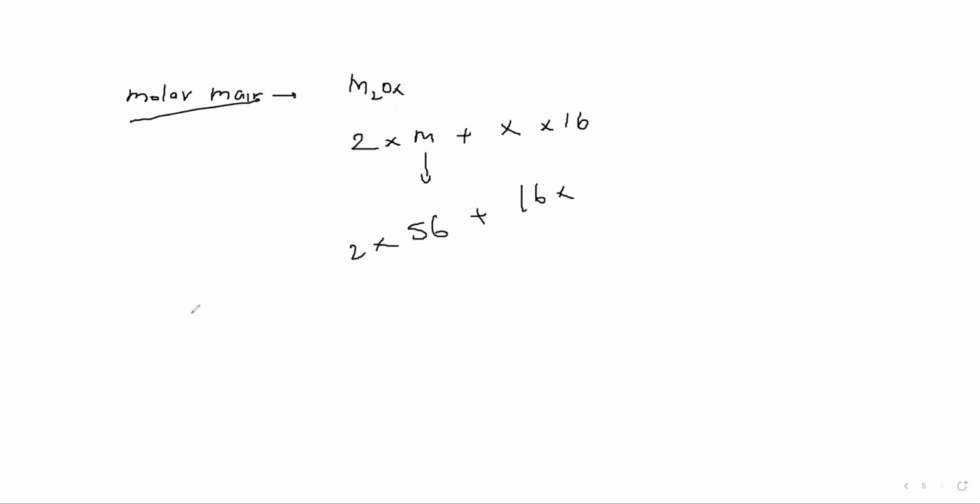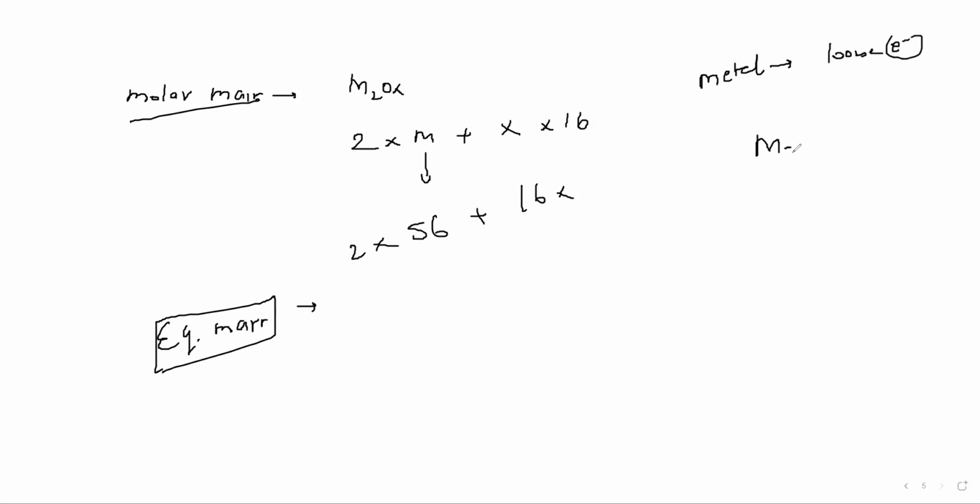Now, instead of this molar mass, I'm writing equivalent mass. Why am I writing equivalent mass in particular? You should know that metal has the tendency to lose electrons. So in M2OX, how many metals are there? 2. In only M, how many metals are there? 1. So obviously, how many atoms are present? 2x.